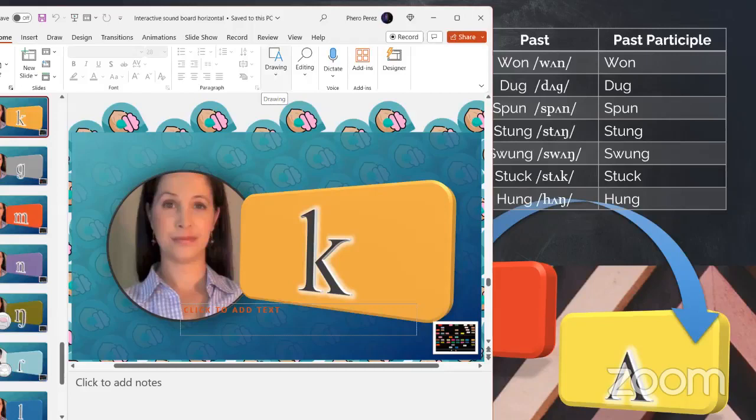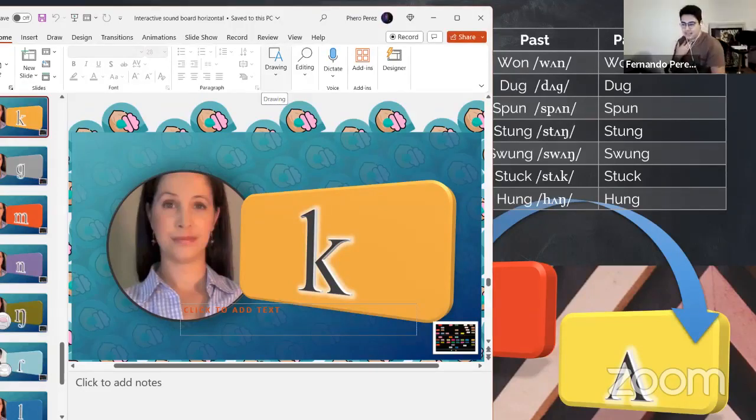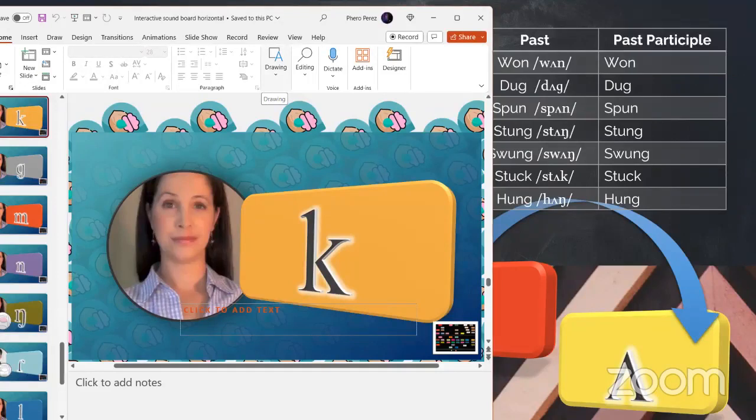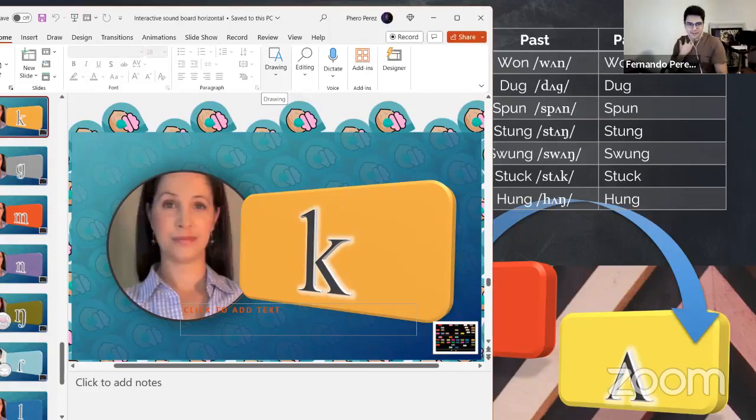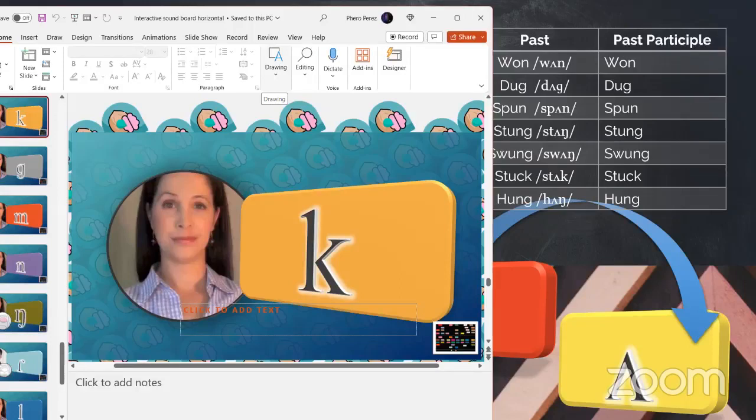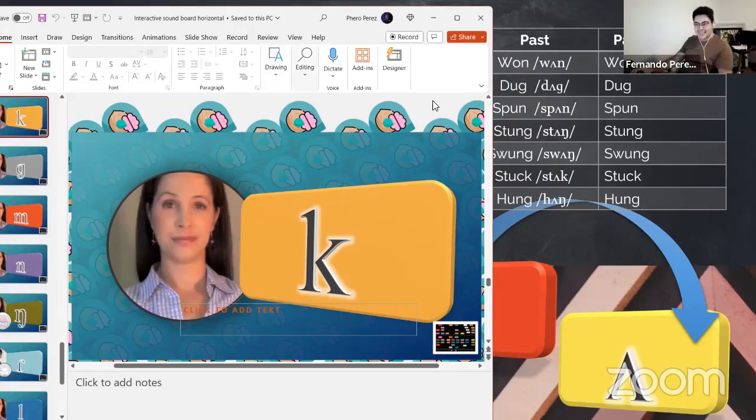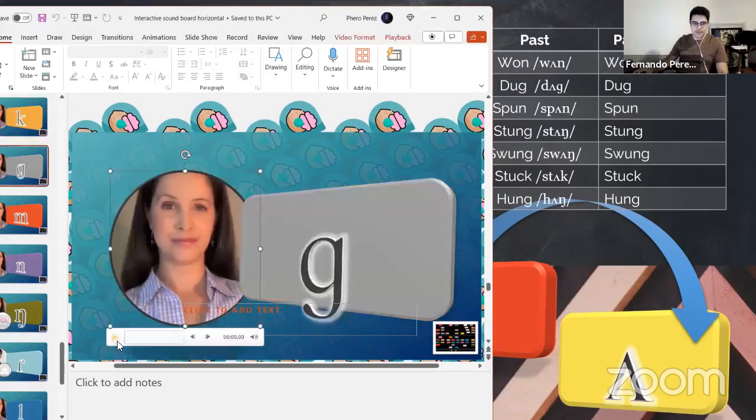Es gutural, se pronuncia en la garganta. Dug. Excellent. That's the pronunciation of dig in past tense. Letter G. Entonces vamos otra vez.